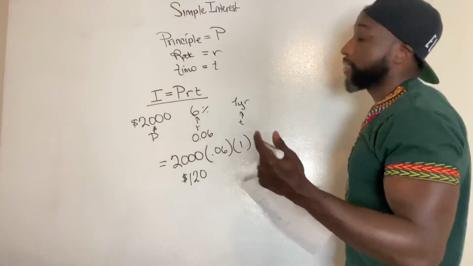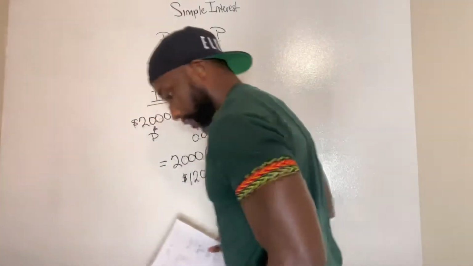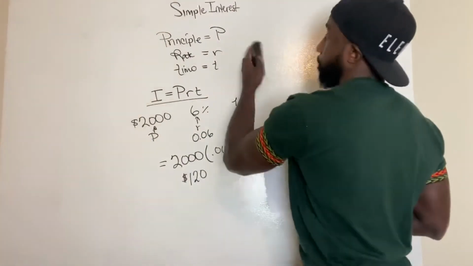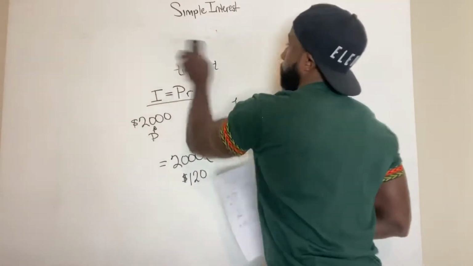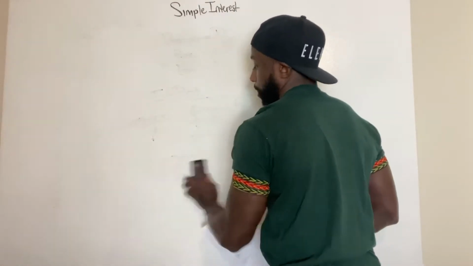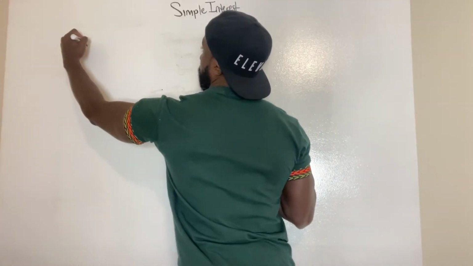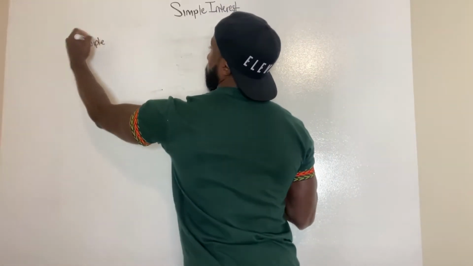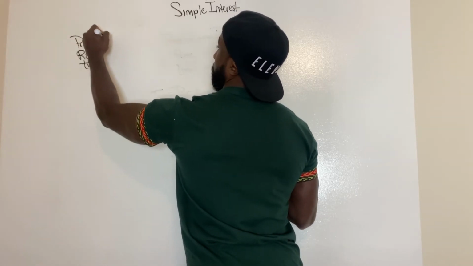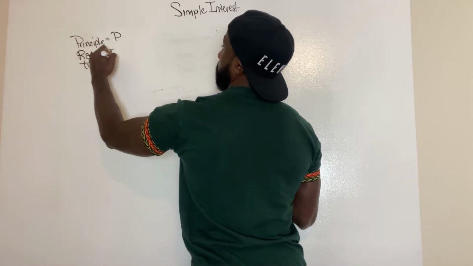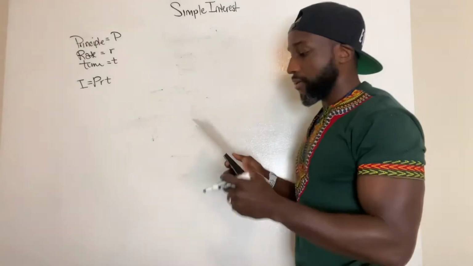Let's look at another example. What if you take out a loan for a car? Again, principal, rate, time: I equals PRT.